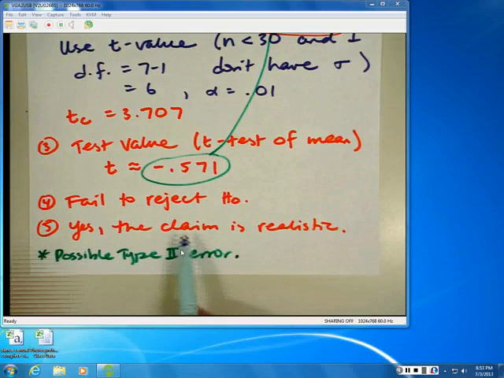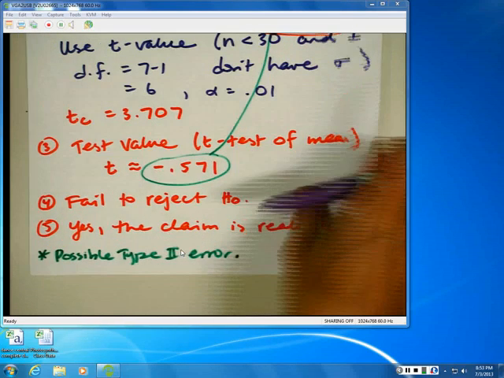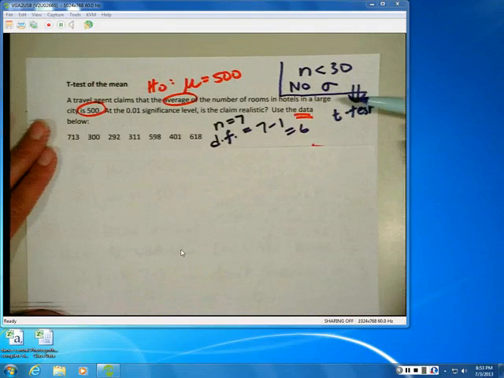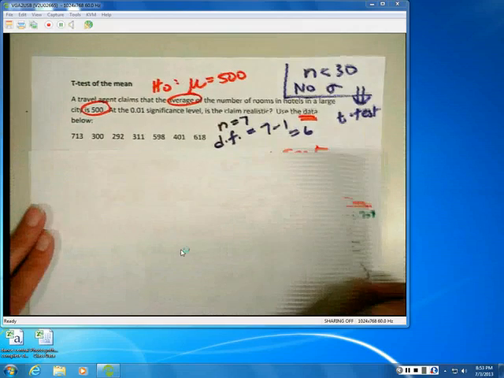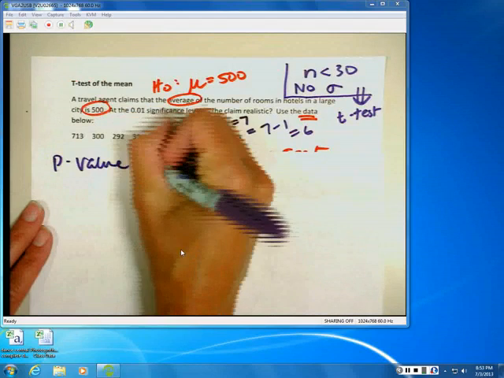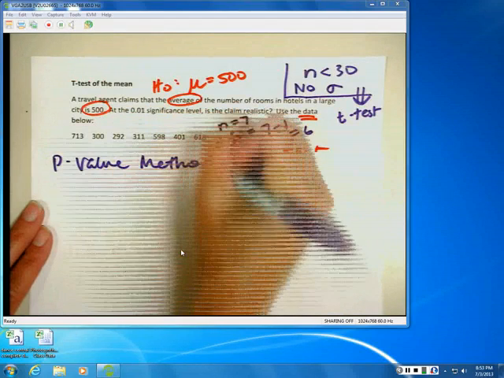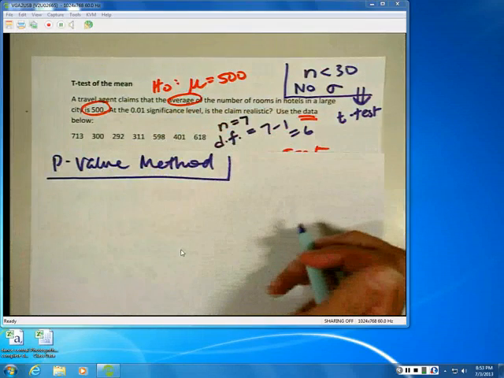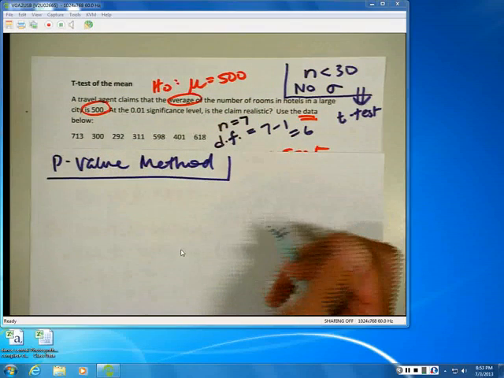It asked if the claim was realistic, and I said, yes, it is realistic. So let's go ahead and do the same test now using the p-value method. This was traditional that we did. Now let's do the p-value method. I'm not going to compute t-scores in this case, although I'm still going to ask my calculator for a t-test.